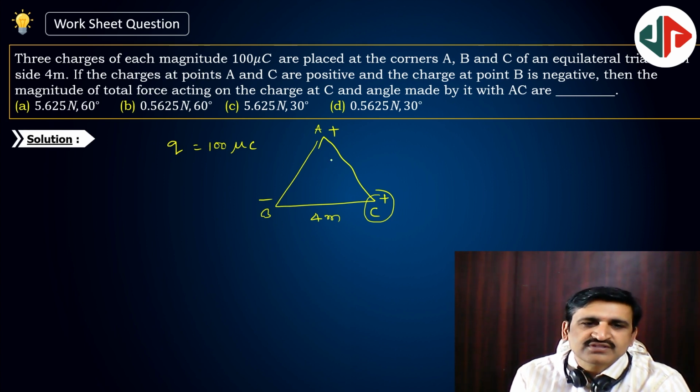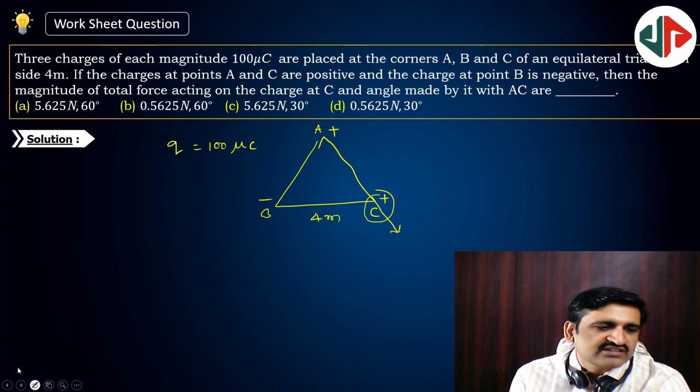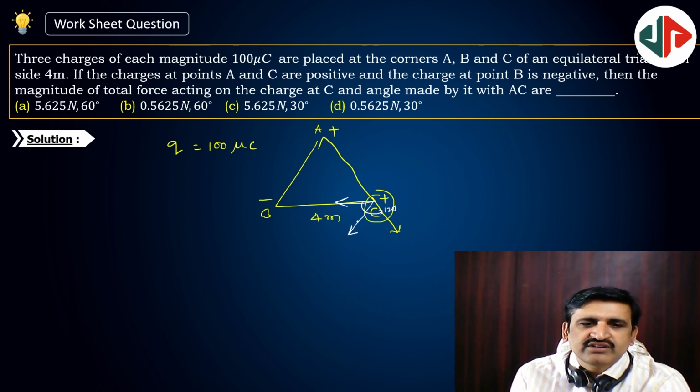Here all forces are equal. Because of A, repulsion, and because of B, attraction. So the angle between them is 120, and the resultant will be the angle bisector. So it will be 60, right?